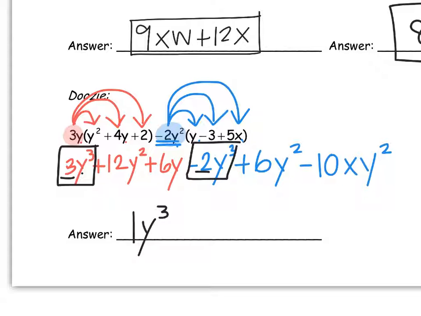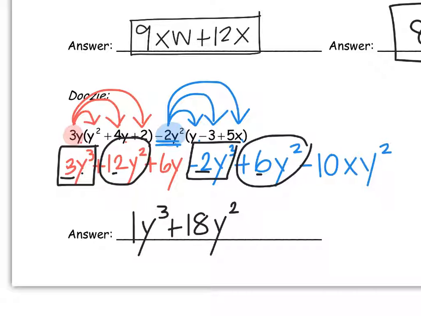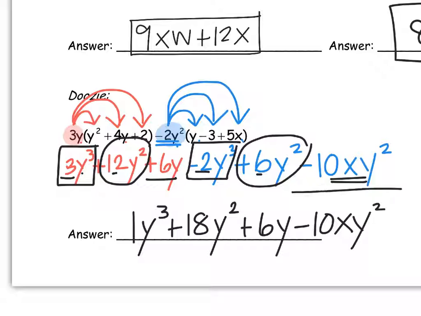Now I'm going to look for more like terms, and I have a variable of y and an exponent of 2 here and here. So I do 12 plus 6 and I get 18. Keep the variable and exponent the same, y squared. Okay, then I have 6y. This is not a like term with this one, so we'll just write these separate. Plus 6y minus 10xy squared. That is my final answer.